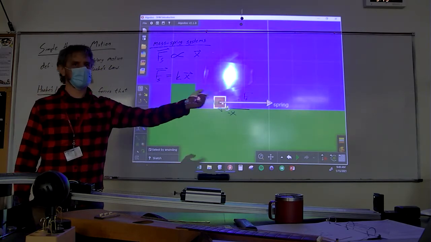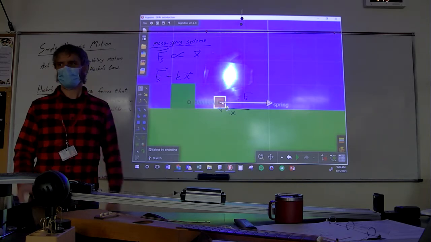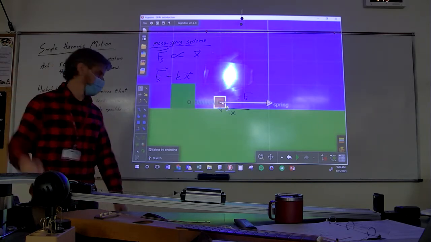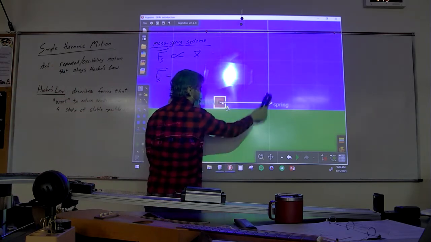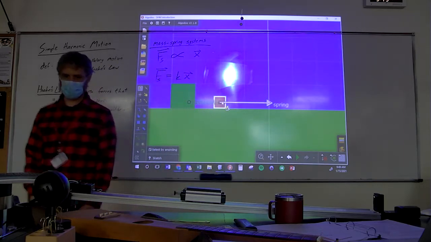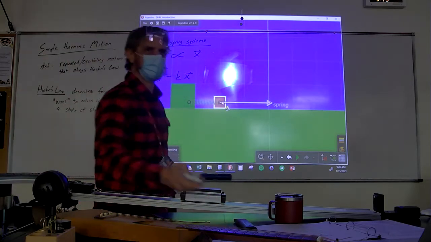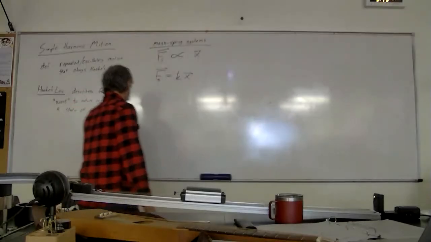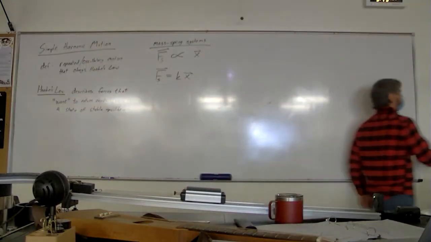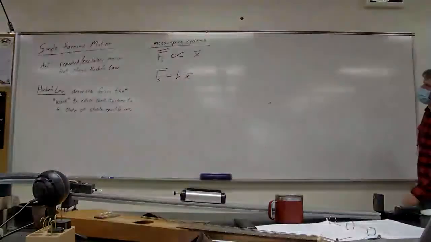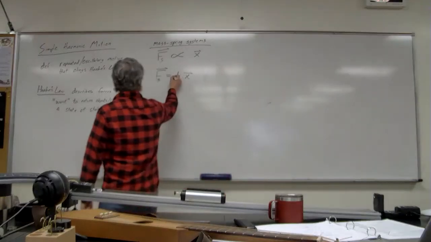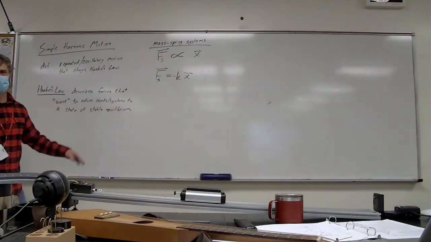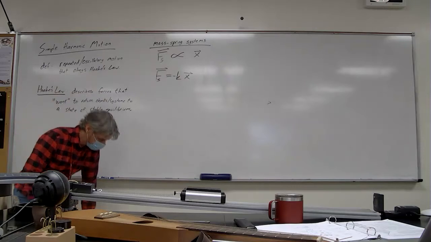Positive displacement, negative force to get it back. Negative displacement, positive force to get it back. So I can fix our equation just by throwing a negative in front of that K. There we go. That's Hooke's law for a mass spring oscillator.